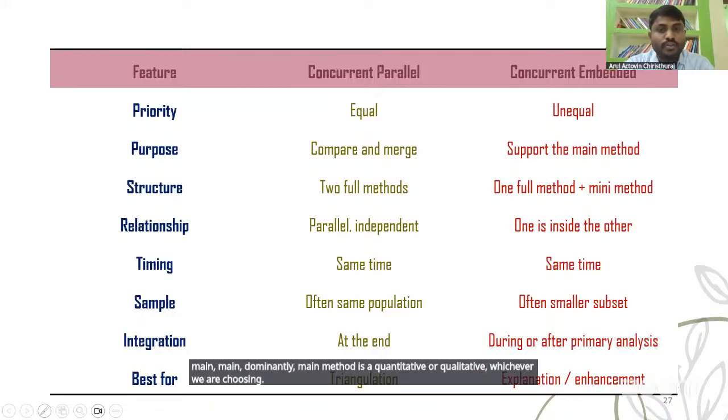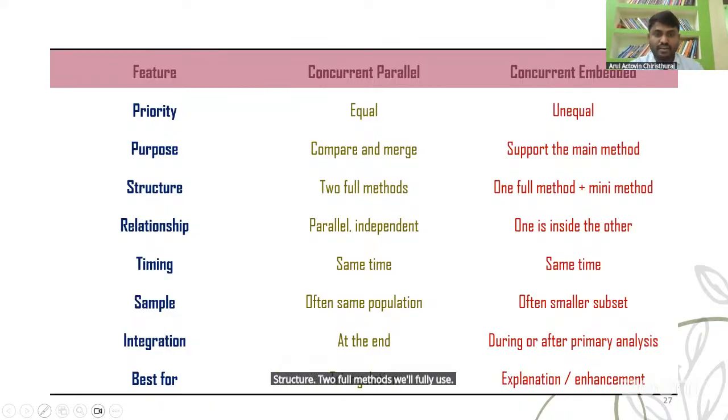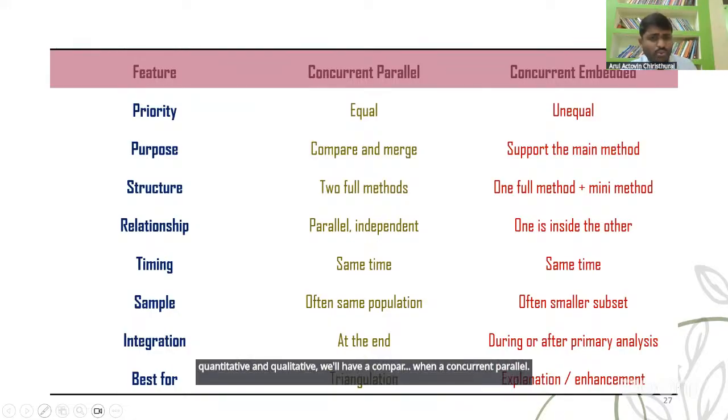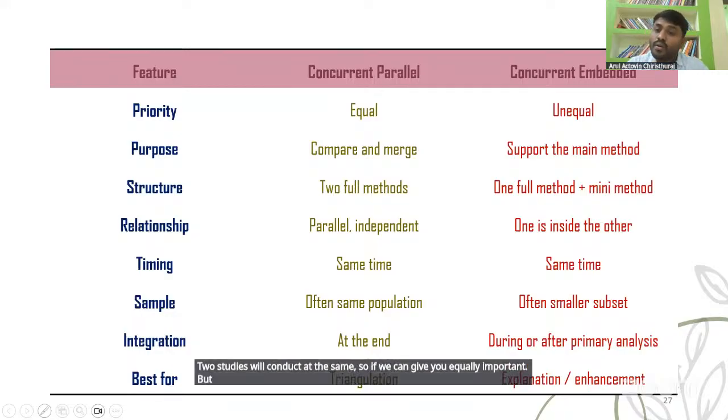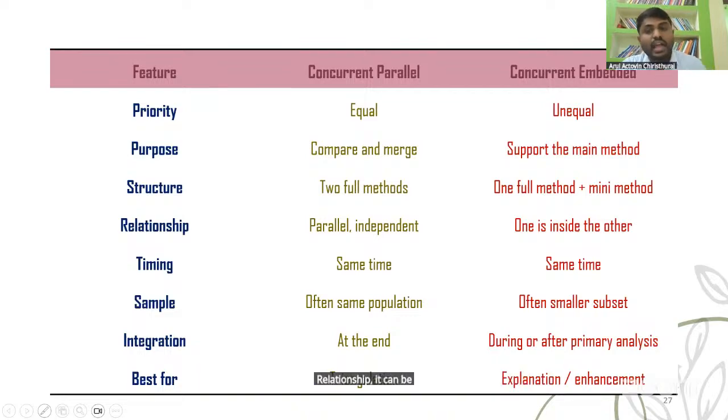Structure: two full methods will be used differently, from data collection, it can be two studies, quantitative and qualitative, which we compare in concurrent parallel. Two studies will be conducted at the same time, with equal importance. But here, one full method, either qualitative or quantitative, will be used, and for the other we'll have a supplementary mini method. Relationship: it can be parallel, independent.